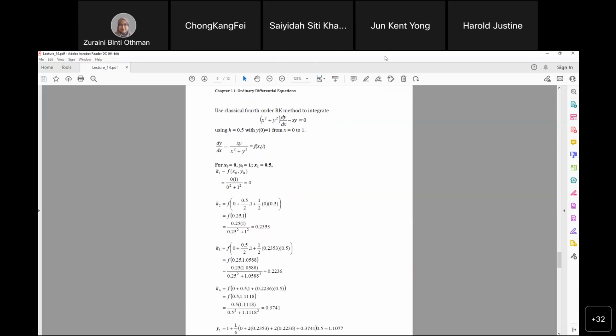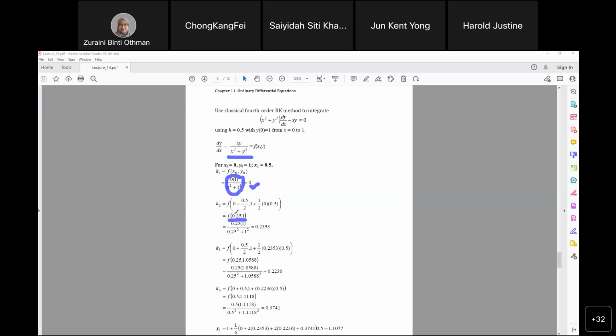Okay, so sekarang dekat sini kita ada X0, Y0. Okay, kat sini kita tahu K1 kita masukkan balik dalam equation yang macam ni. It depend on the equation given. Okay, so kita dapat K1 kosong. Then kita masukkan balik dalam formula untuk K2. Tengok balik formula K2.